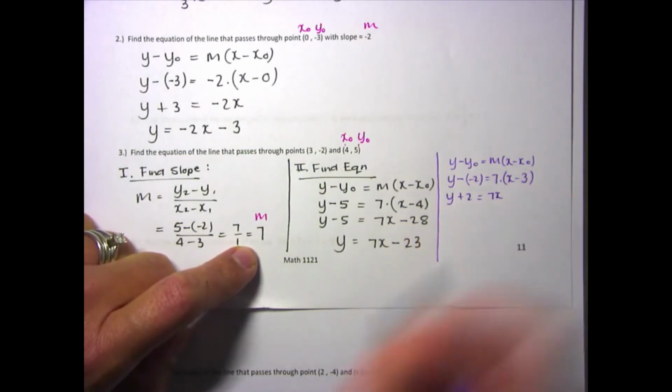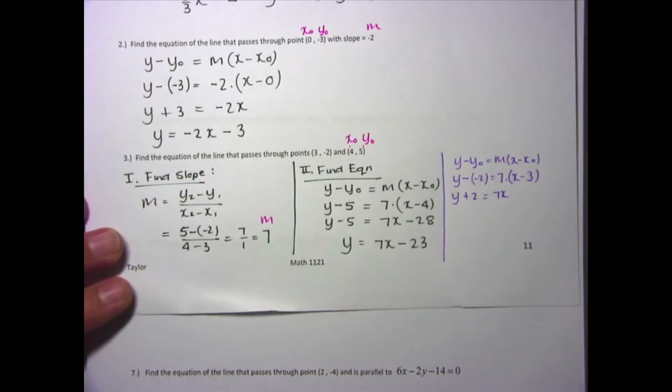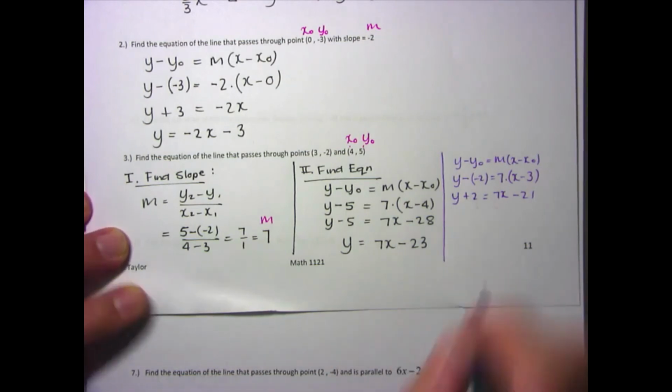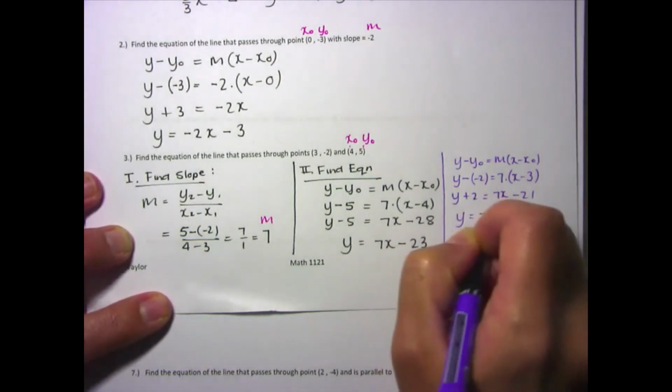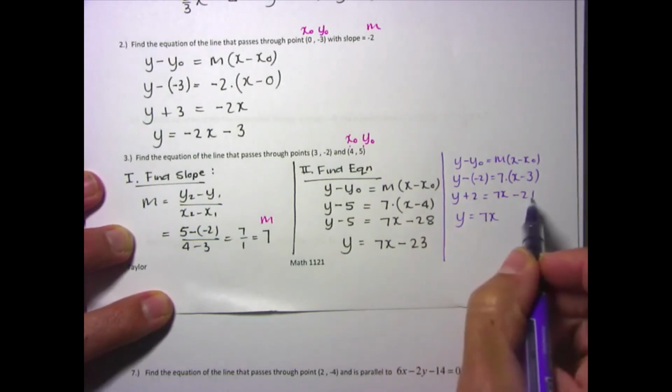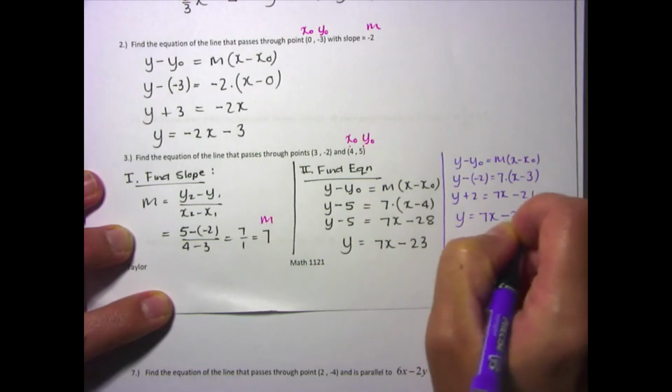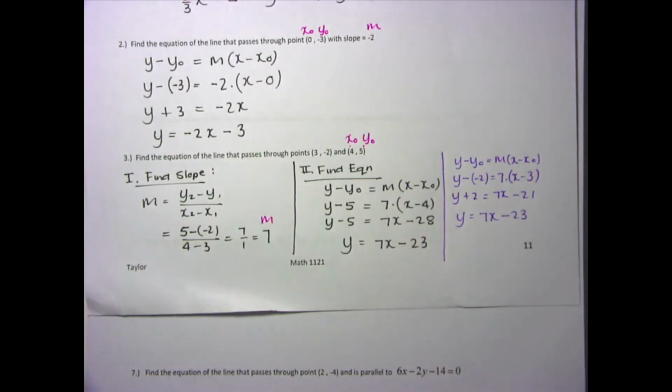Let's see, what is 7 times negative 3? That'll be negative 21. All right. And so in order to get y by itself, I need to subtract 2 from both sides. So y will be equal to 7x, negative 21 minus 2, negative 23. So you see, I end up with the same equation. So it does not matter which one of those 2 points you use.